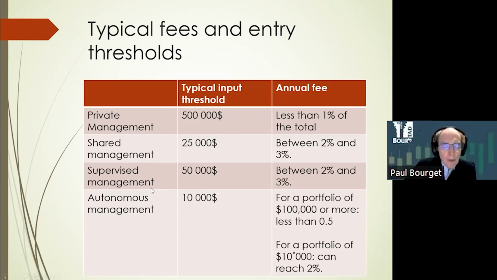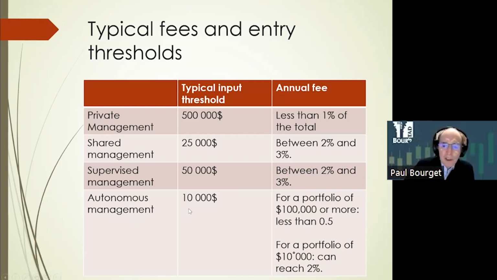If you have an account with a full service broker, and you will select the securities yourself, you will not buy into funds. So that would be more like 50,000 Canadian dollars. And then the fees will be approximately the same, between 2 and 3%.